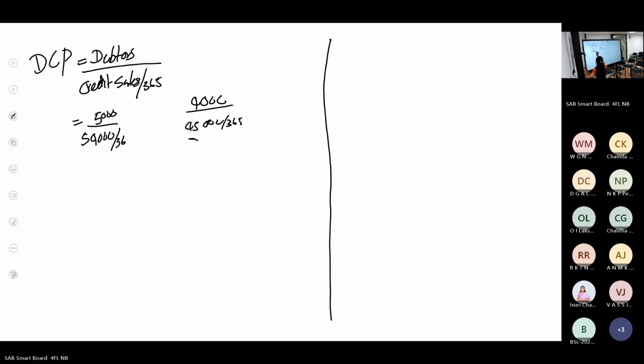Divided by 365. This is 36.5 days. Is this correct?